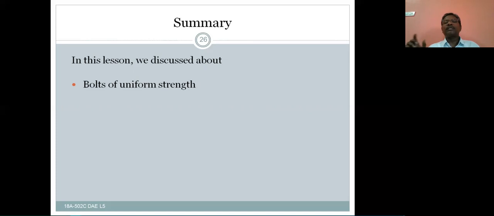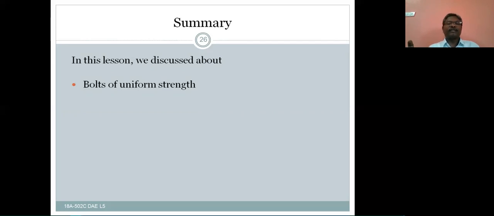For that we have discussed two methods. Method number one is reducing the shank diameter equal to the core diameter by turning. The second method is drilling an axial hole through the head up to the threaded portion.